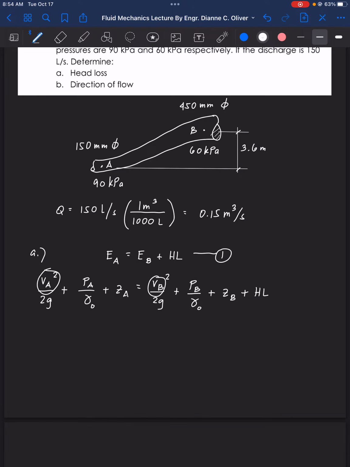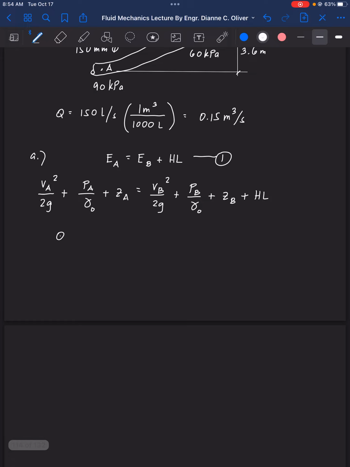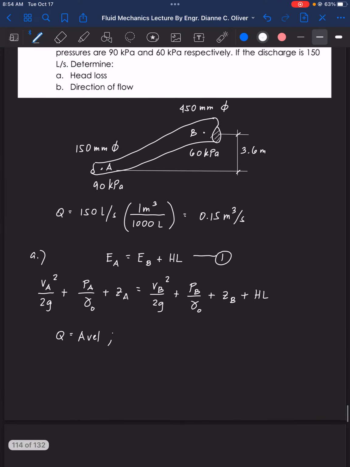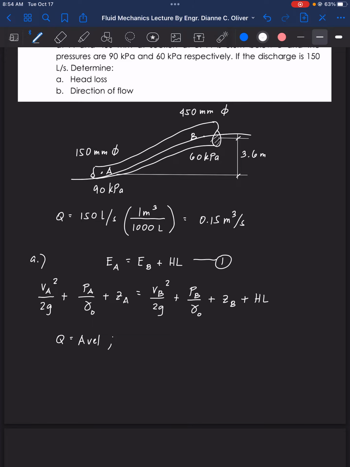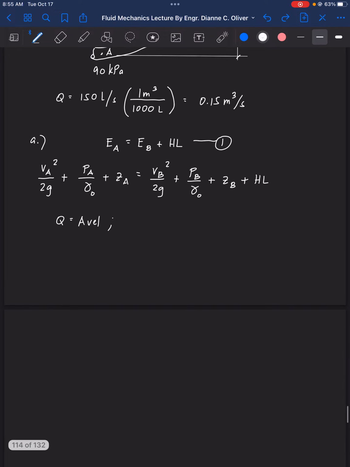velocity. We can get that by using the formula for Q, which is Q equals area times velocity. We also need to remember that since this is a series flow, we can have QA equal to QB, and that is equal to 0.15 cubic meter per second.